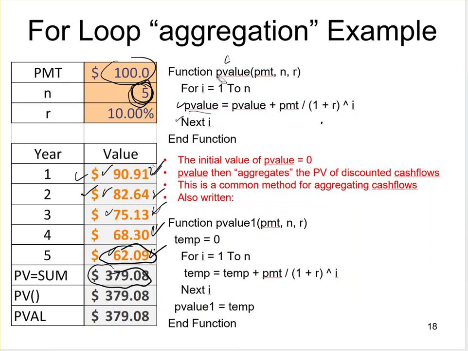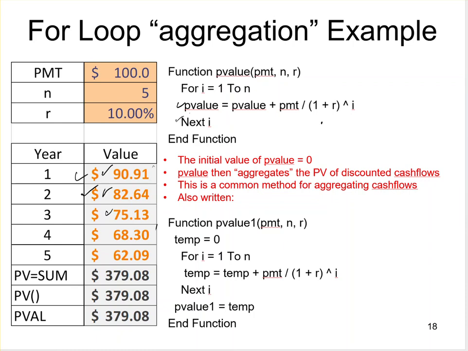But by saying p-value equals p-value plus, it keeps adding to itself. So this is a very simple and effective way of aggregating cash flows, which is a very common thing in finance, is we take the present value of a lot of cash flows, not just the present value of a single cash flow. So that is the program. That's how we set up a basic for loop.